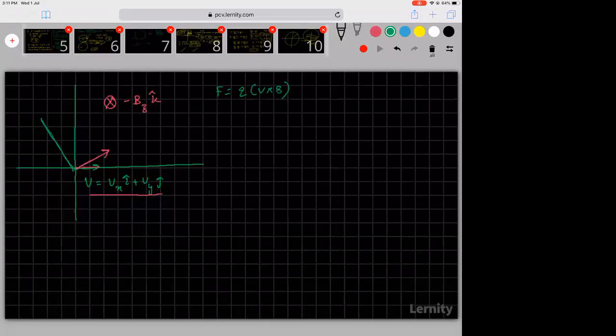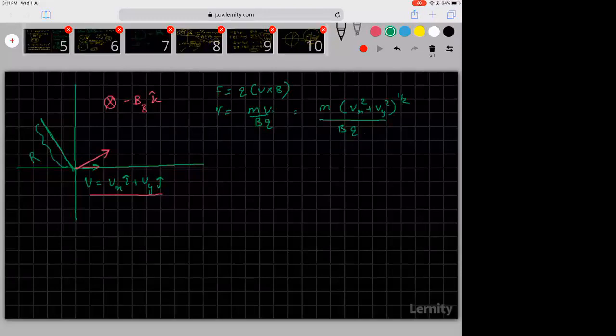Now if I apply all my logic, what will R become equal to? mv by Bq. Now what is this V? This V is the magnitude. So can I say that it will become m (Vx squared plus Vy squared) to the power half by Bq? This is the radius.